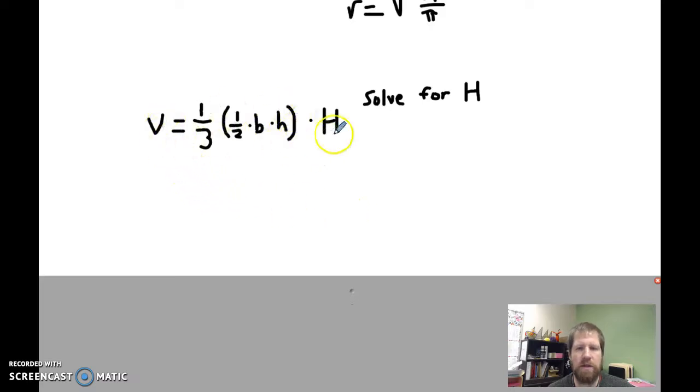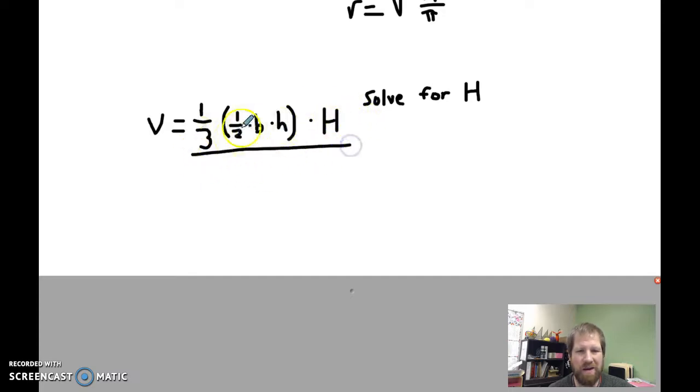All right, so this is my formula for the volume of a triangular pyramid. All right, and I want to solve for h, for big H, for the big height. Okay, so this is all multiplication. So actually, what I can do is I can just say, okay, I want h.